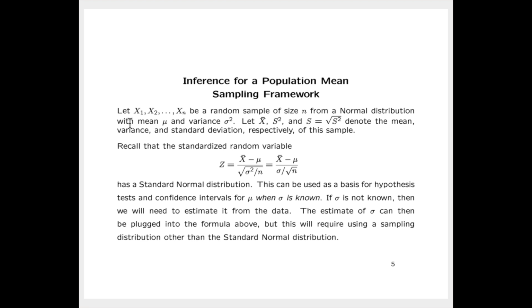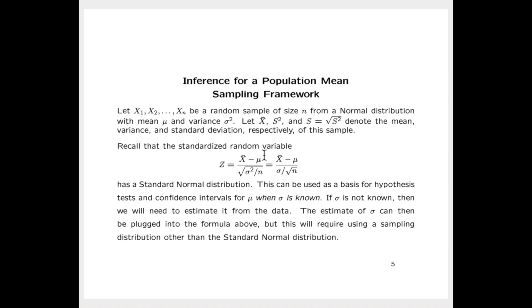Well, remember that when we're sampling from a normal distribution, the sample mean is also normally distributed. The mean of its sampling distribution is the mean of the underlying population, which in this case is mu, and the standard error of its distribution is equal to the standard deviation of the population being sampled divided by the square root of the sample size.